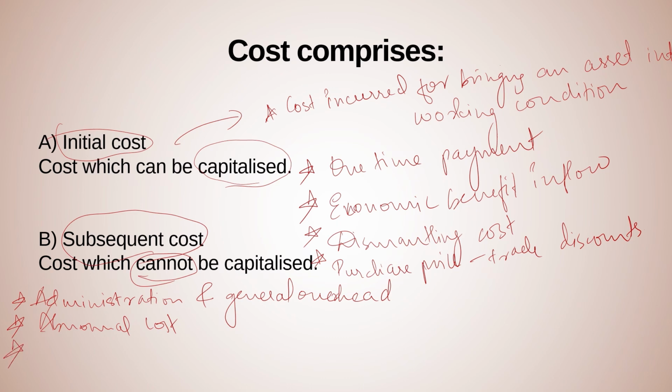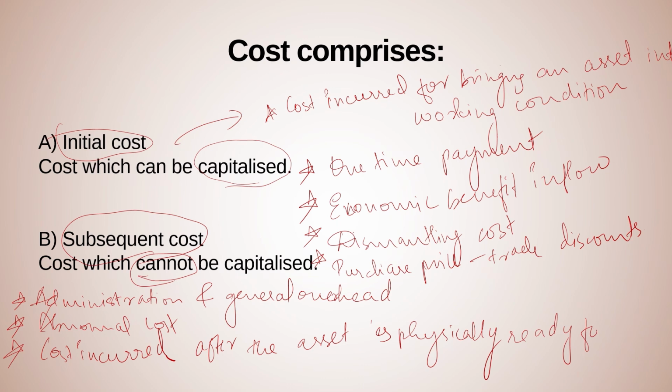Then the third one is cost incurred after the asset is physically ready for use. The cost after bringing the asset into working condition or location. Next, the fourth one, relocation cost or reorganization cost.